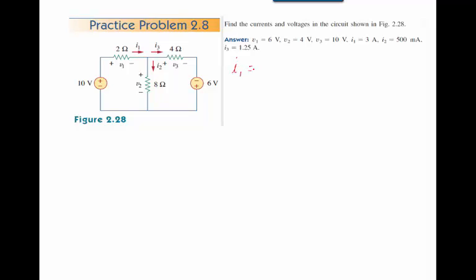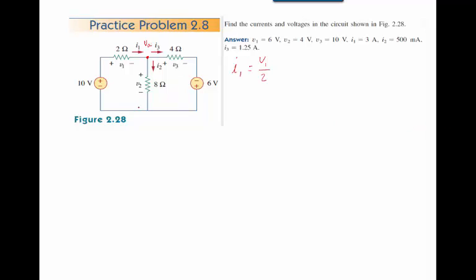I1 equals, using Ohm's law, V over R. So I1 is the voltage across the resistor, voltage 1, over 2 ohms. But it turns out I can know voltage 1. I'm going to call this node voltage at A to help me out.